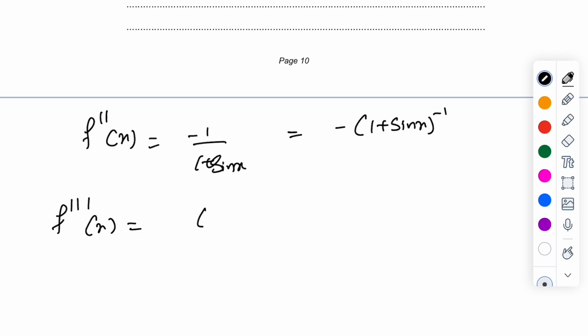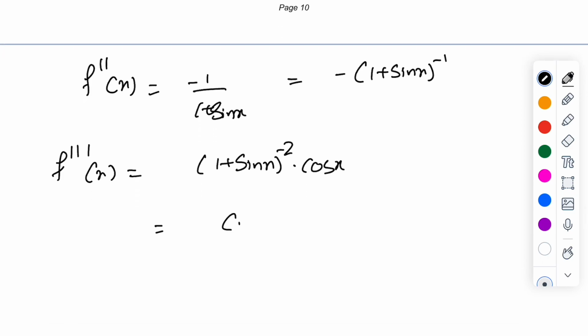The negative 1 comes in front, and (1 + sin x) to the power of negative 2 times the derivative of sin x, which is cosine x. This is the third derivative: cosine x upon (1 + sin x) squared.